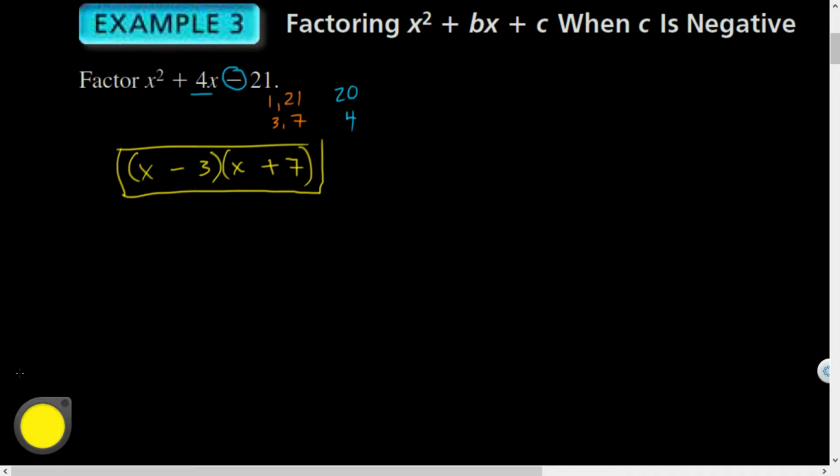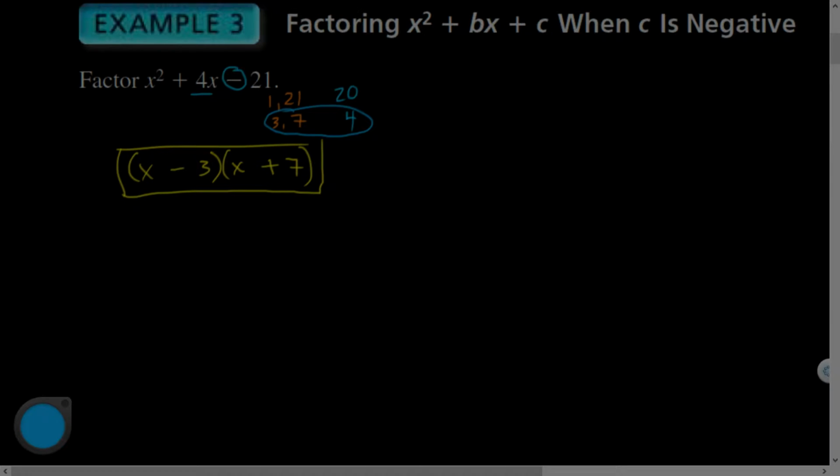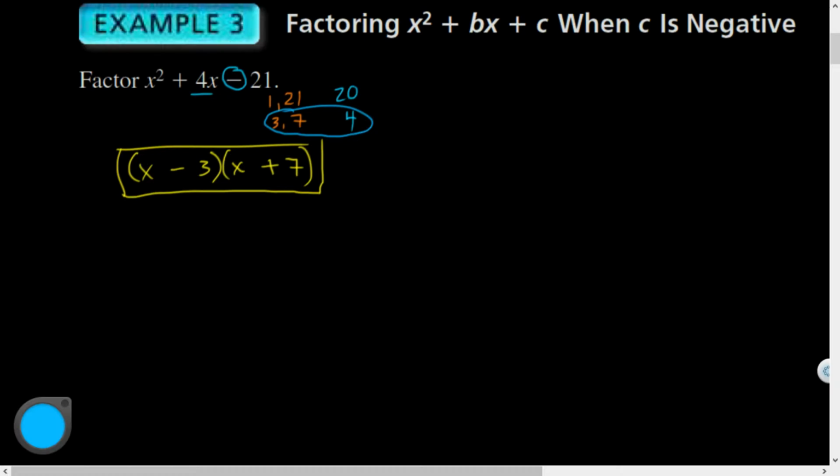It's much the same process. I'm just picking my factors differently. I'm looking for the ones that subtract this time to be my B term. So let's do some more of these and get some more practice.